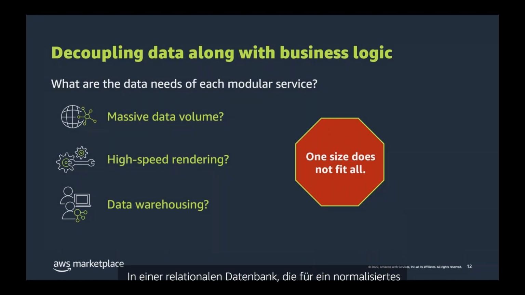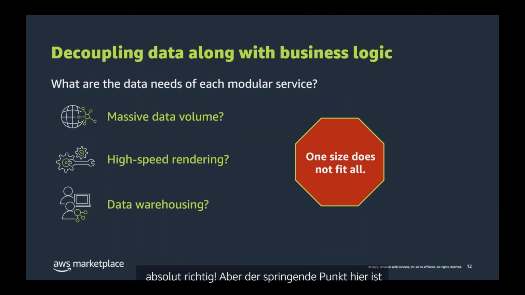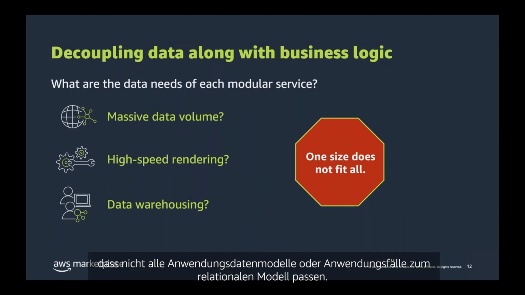A relational database is purpose-built for a normalized schema and to enforce referential integrity in the database. Absolutely, but the key point here is that not all application data models or use cases match the relational model.